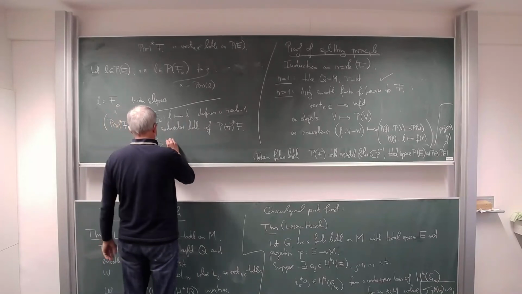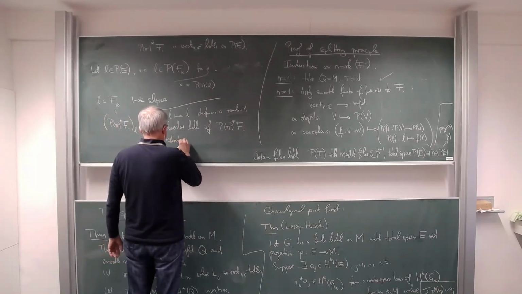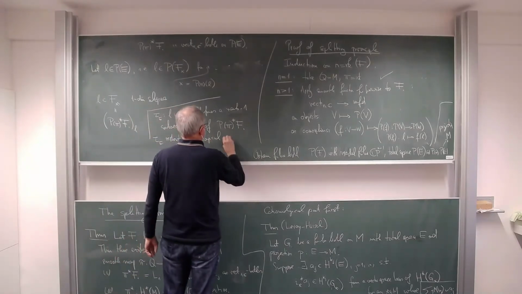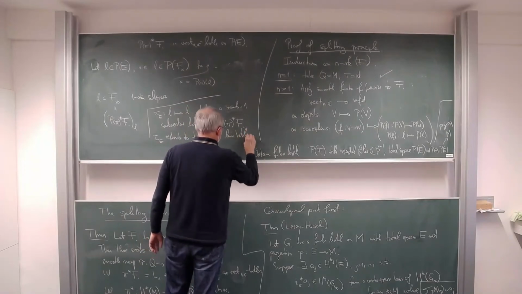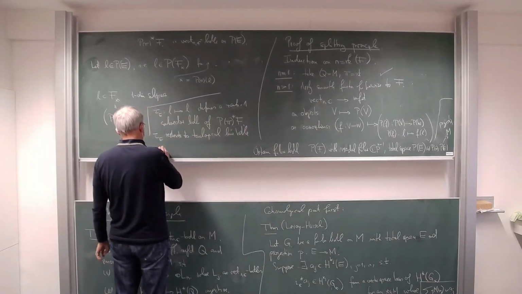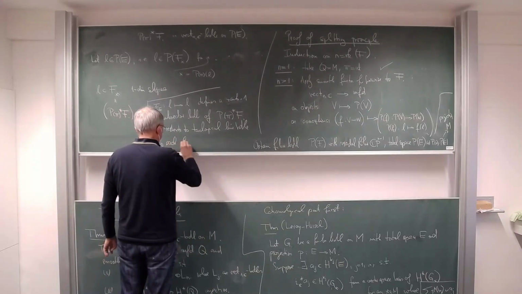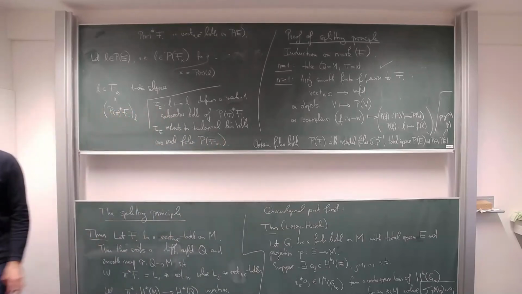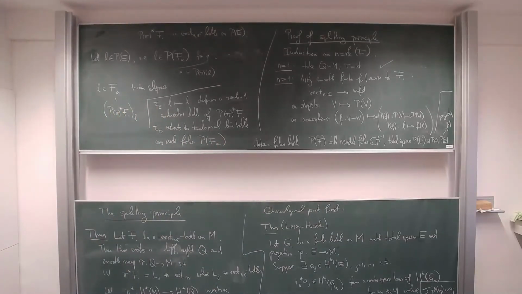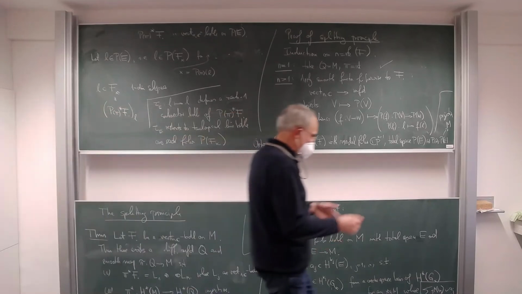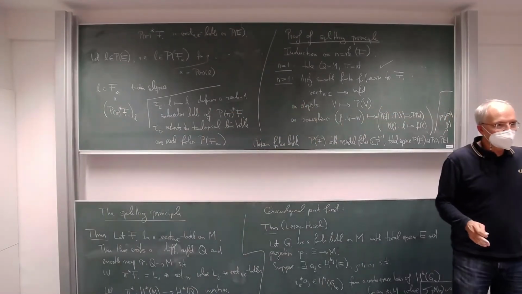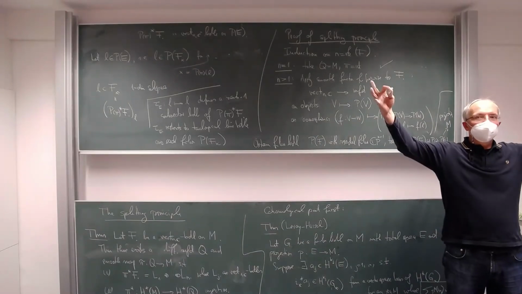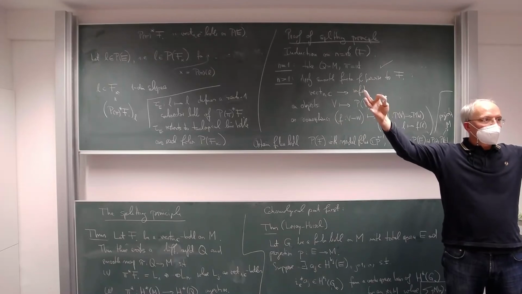Tau E restricts to the tautological line bundle over each fiber P of Fx. So what we have done is we take the tautological line bundles of all the fibers of my projective bundle and collect them together into a line bundle over the total space of this projective bundle.